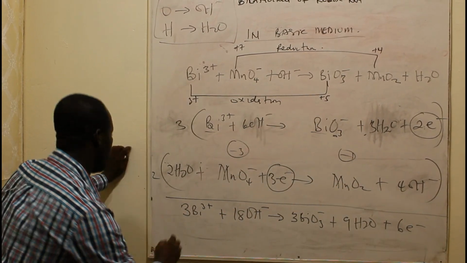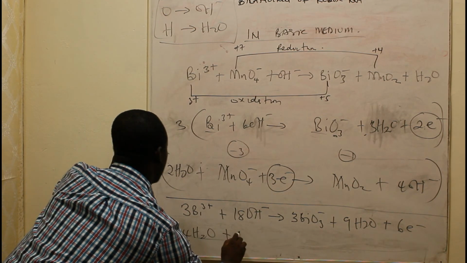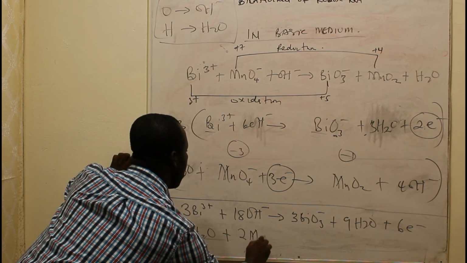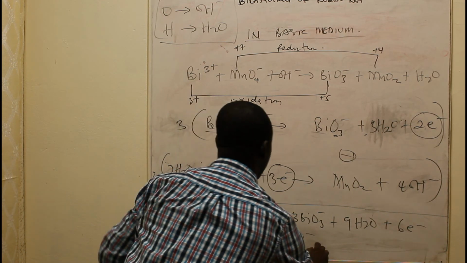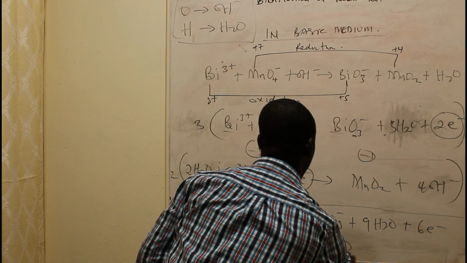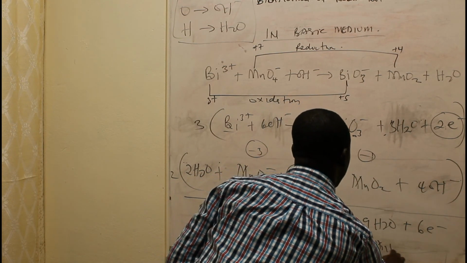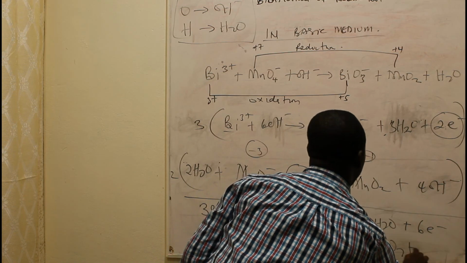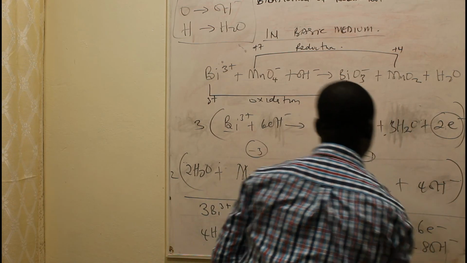Again, this one will also be 4 water molecules plus 2MnO4 minus plus 6 electrons to give you 2MnO2 plus 8OH minus.